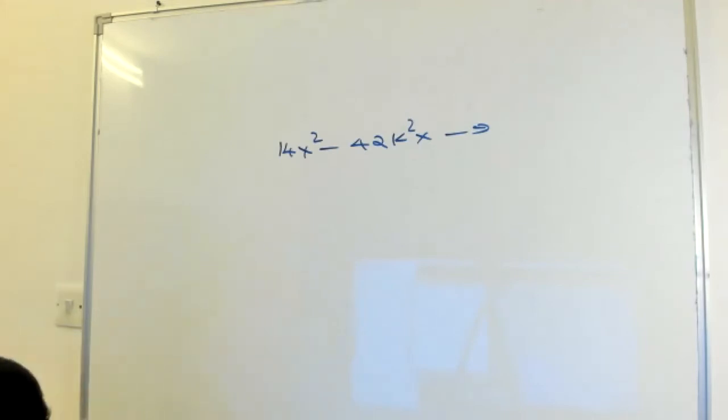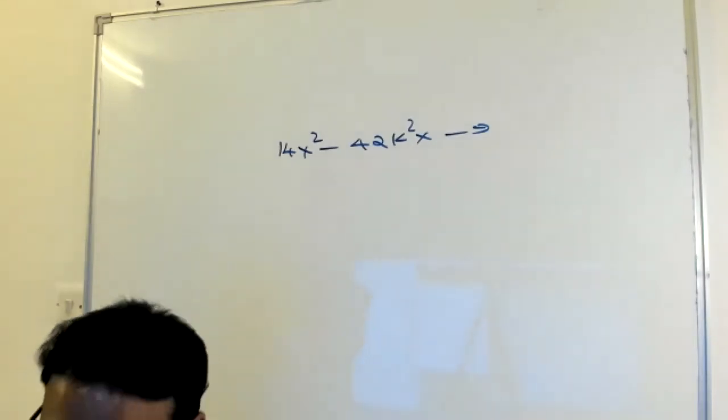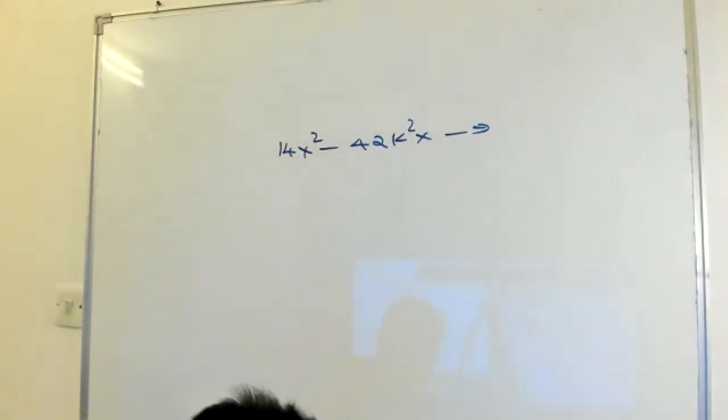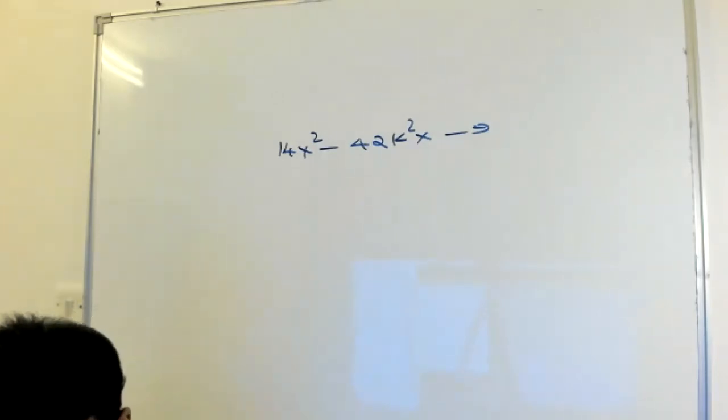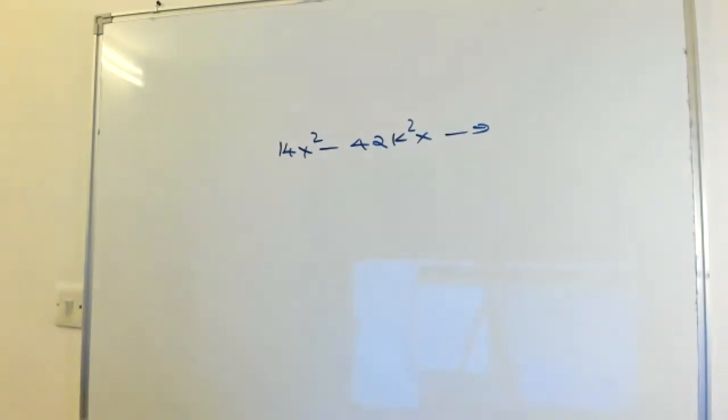If one of the zeros of the quadratic polynomial 14x square minus 42 k square x minus 9 is negative of the other, one special name is there. What is that? Additive inverse. Yes, correct. Find the value of k.